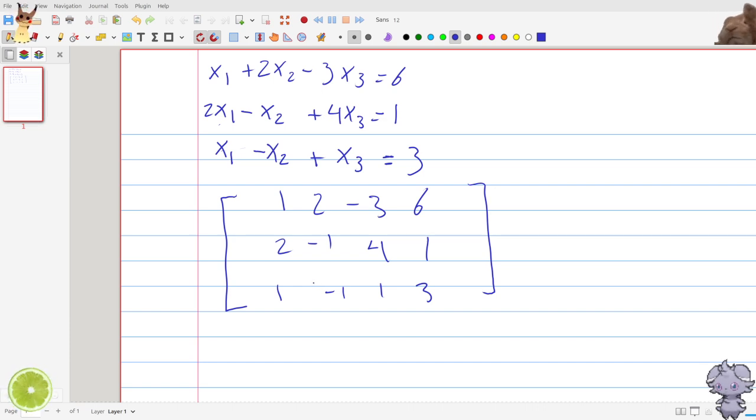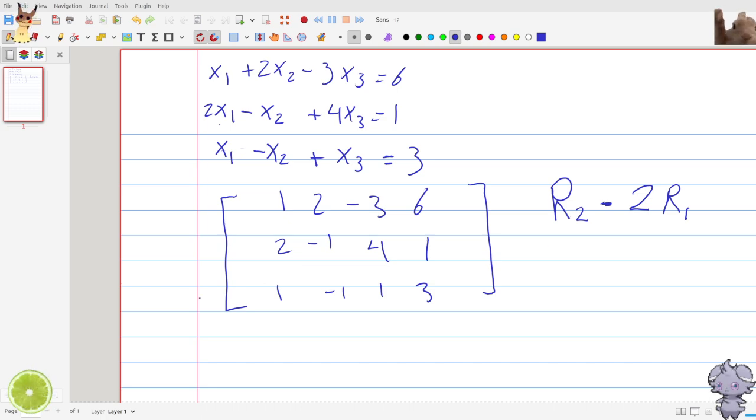So let's start. First, we have to get rid of the 2 and 1 here. We already have a leading 1, so we don't need to multiply this by a scalar. So we first take row 2 and subtract from it 2 times row 1. So we multiply row 1 by 2 and subtract it from row 2.